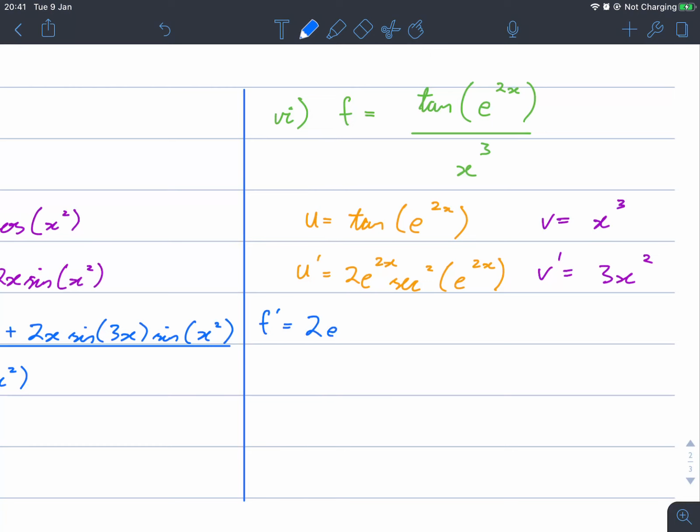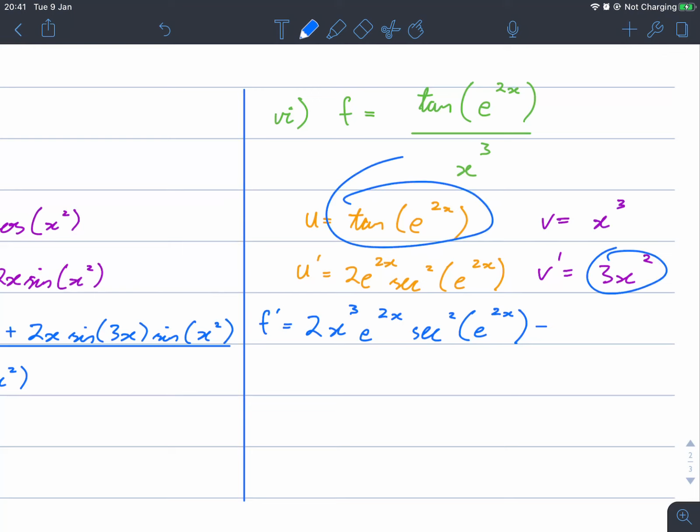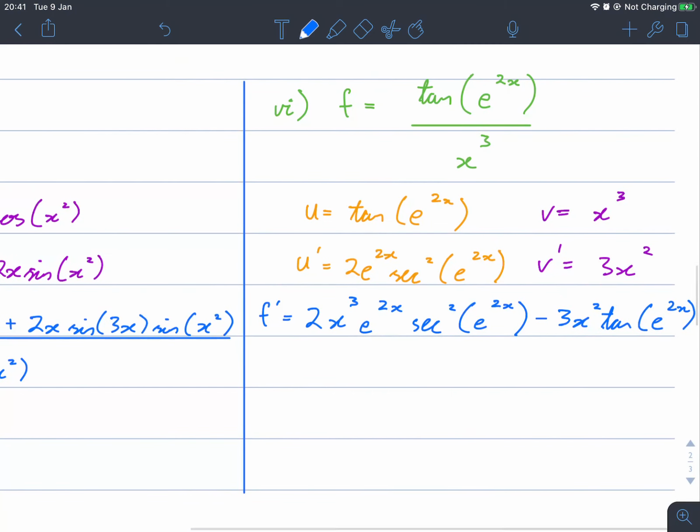That's 2x cubed e to the 2x sec squared e to the 2x, minus uv prime. So this times this gives me negative 3x squared tan e to the 2x, all over this squared, which gives me x to the power of 6.